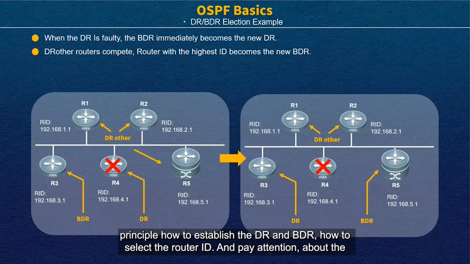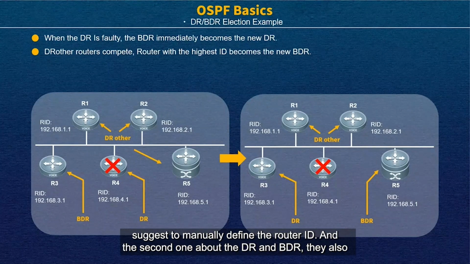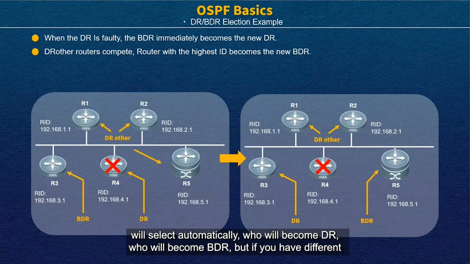And pay attention about the router ID. If you don't manually configure, we also can select from the system automatically, but we suggest to manually define the router ID. And the second one about the DR and BDR, they also will select automatically who will become DR, who will become BDR.